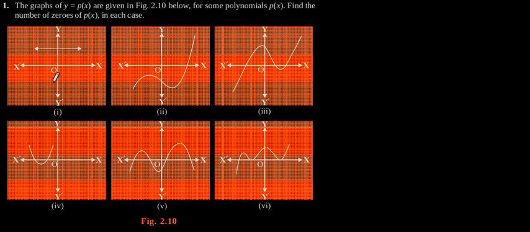So starting with the first graph. In the first graph, we can see the graph is completely above the x-axis. So the polynomial p(x) has no zero in this case.